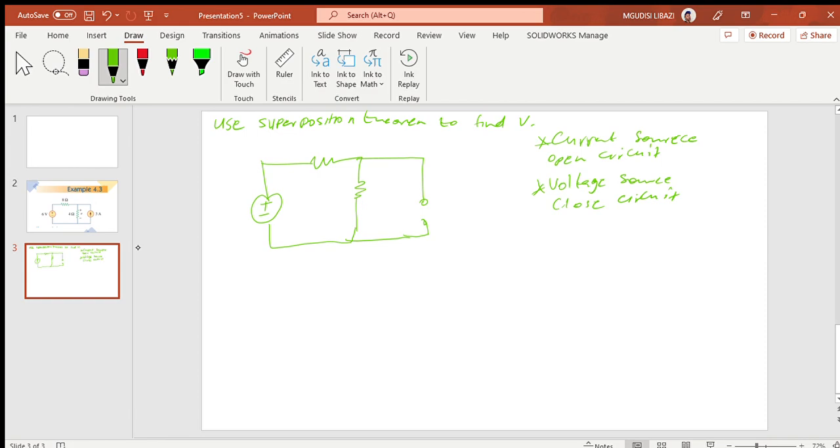So what's going to happen now is that we're going to have 4 ohms here, and then 8 ohms here, and then 6 volts, and we just removed the other source.